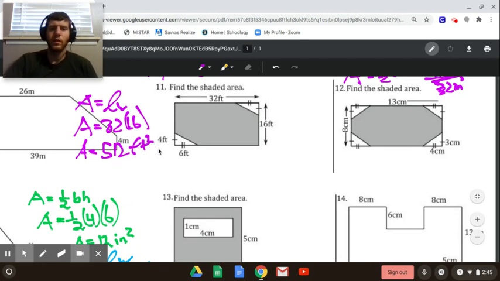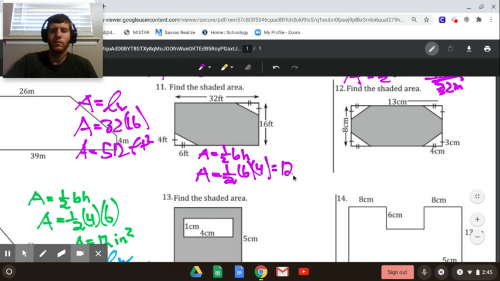Now we have 2 triangles. The area formula for a triangle is 1/2 base times height. The base of these triangles is 6, the height is 4, or vice versa. So 1/2 times 6 times 4 is going to give us 12. So the area of each of these triangles is 12 feet squared. There are 2 triangles, so I'll multiply by 2.